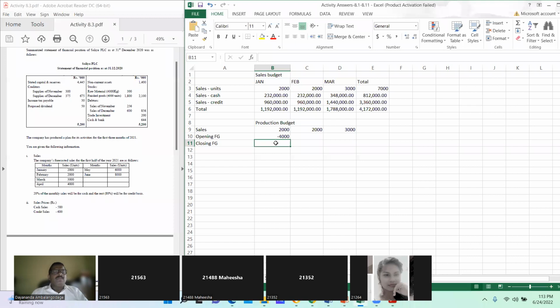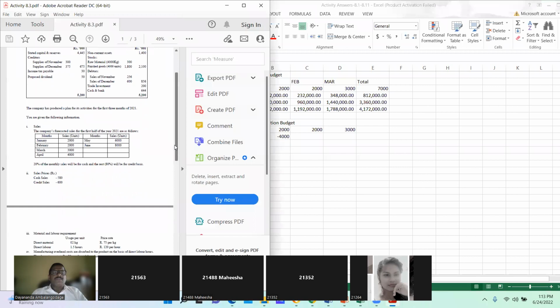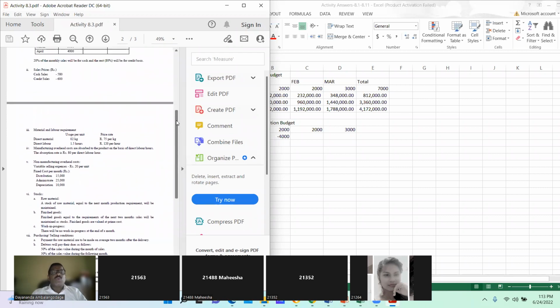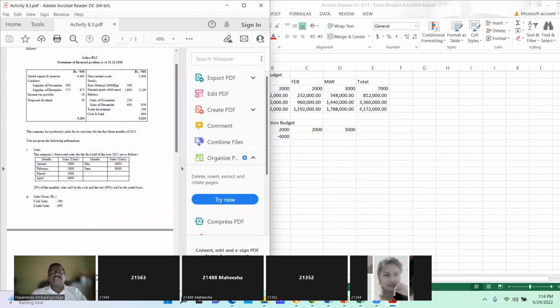Then you can find out the closing finished goods by using the policy. The finished goods equal to the requirement of the next 2 months sales. So what is the next 2 months sales?